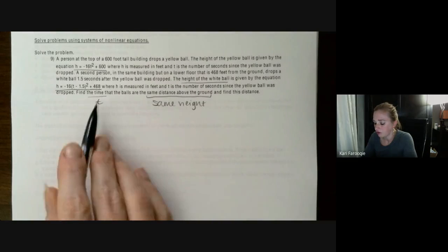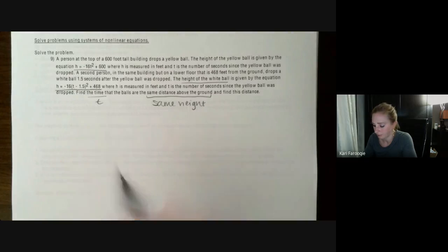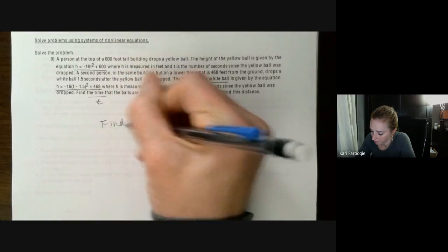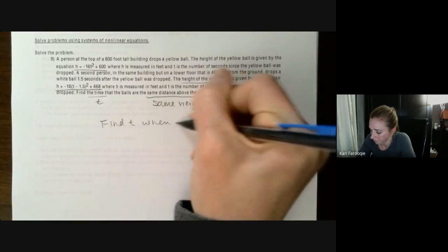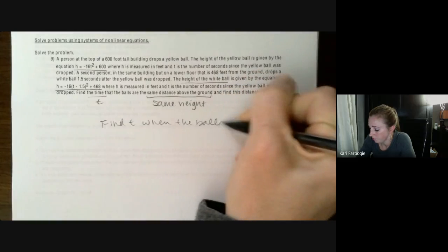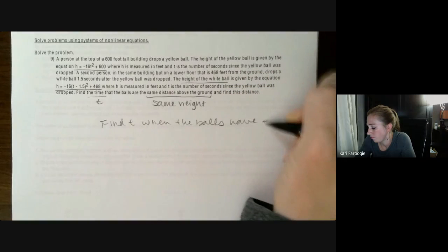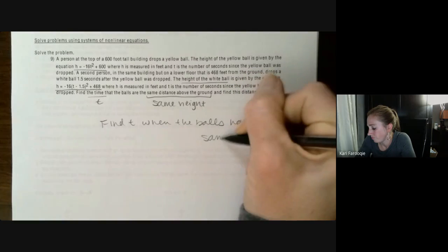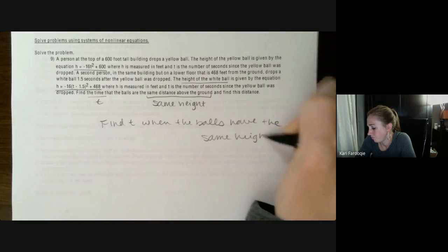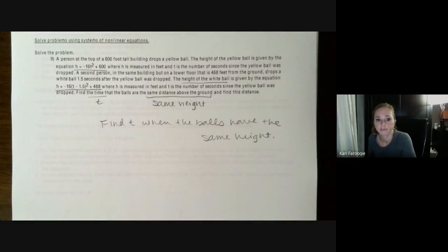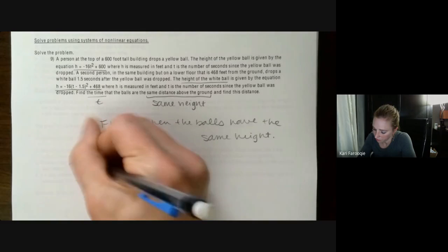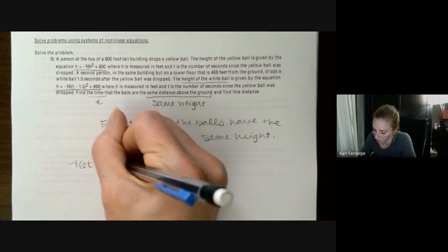So we're looking for the time t when the balls have the same height. And the height of the yellow ball is negative 16t squared plus 600.